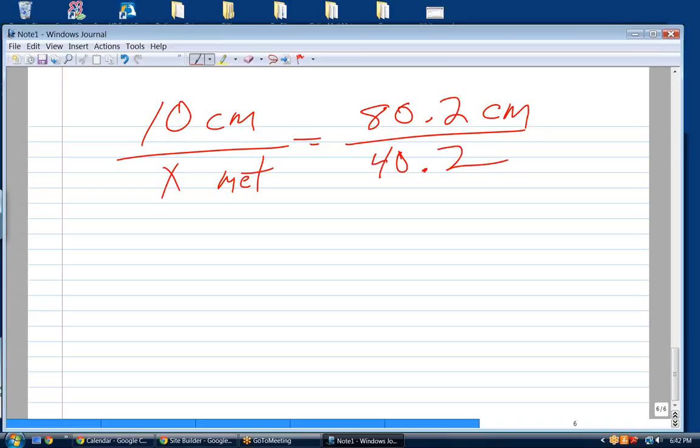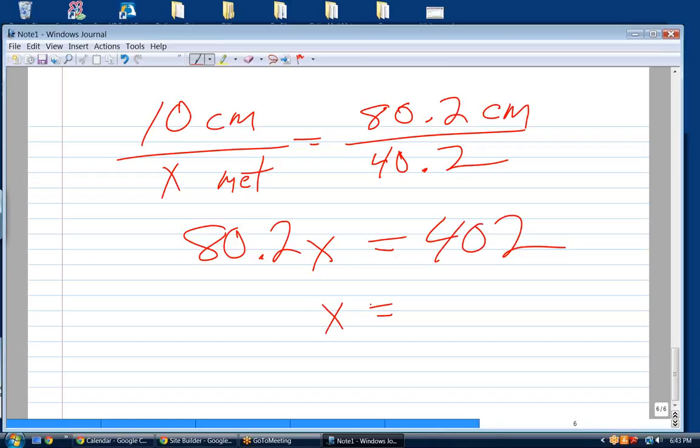So you cross multiply. Okay, so we got 80.2x equals 402. Now what? And then you divide by 80.2 on both sides. You get approximately 5.